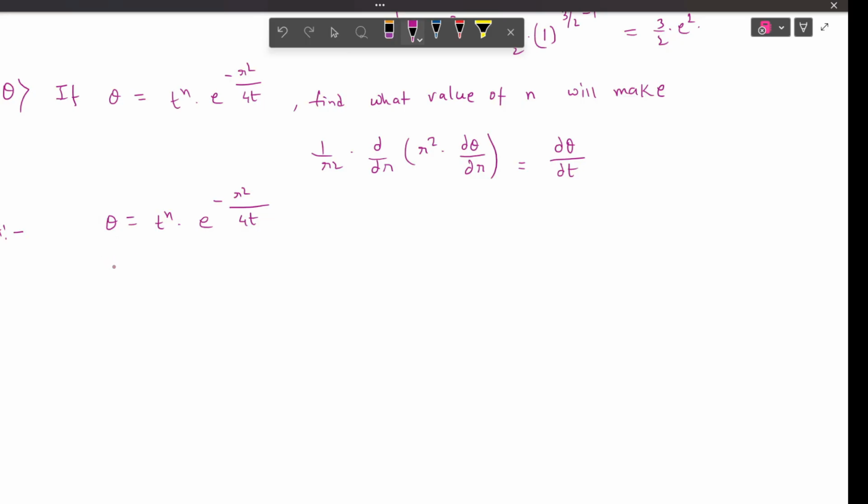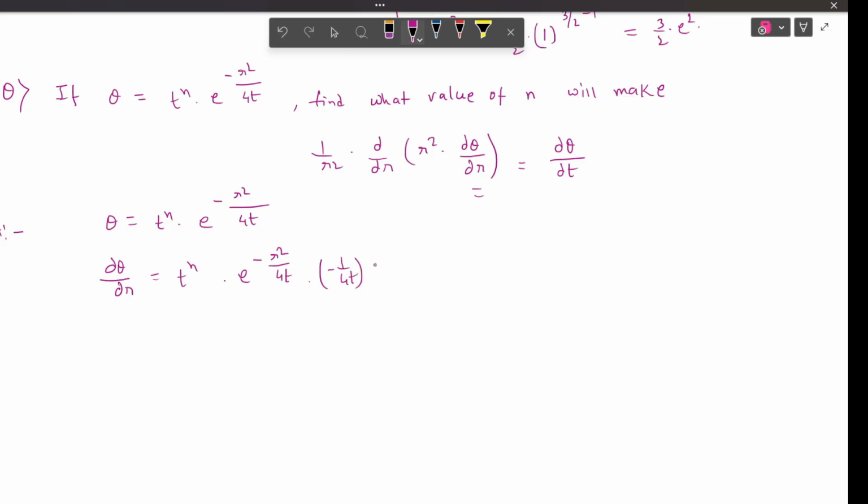So let us first find del theta upon del r because we need this. So t is constant, t to the power n, and e to the power x is e to the power x. For minus r square by 4t, minus 1 by 4t is constant, so keep it outside.